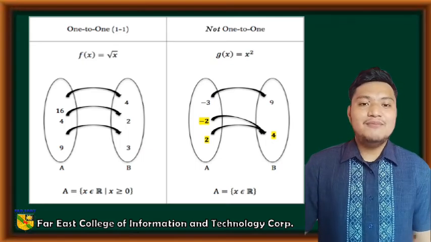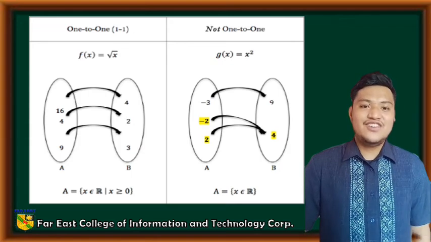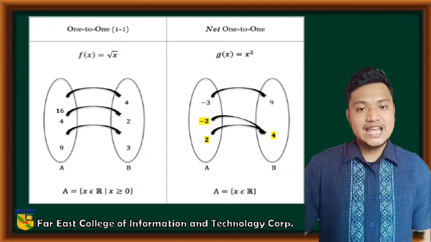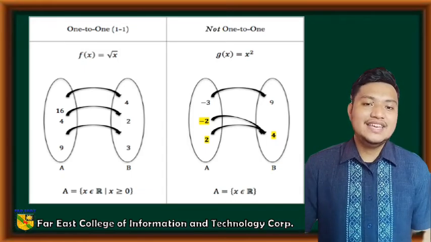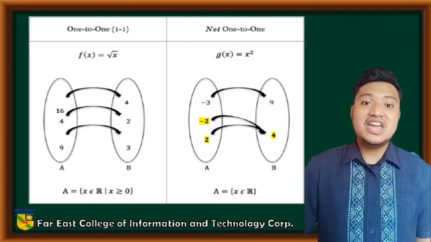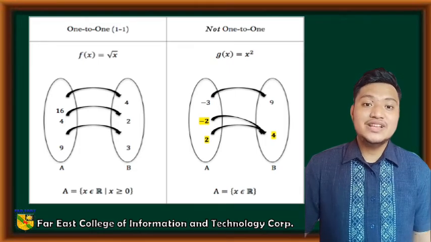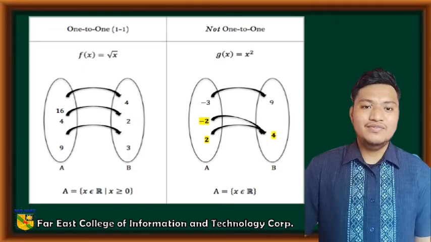We have the values of x and the values of y. The values of x on the left side are 16, 4, and 9, and the values of y are 4, 2, and 3. They correspond to one another, so it is one-to-one.